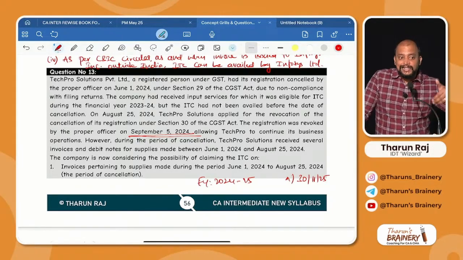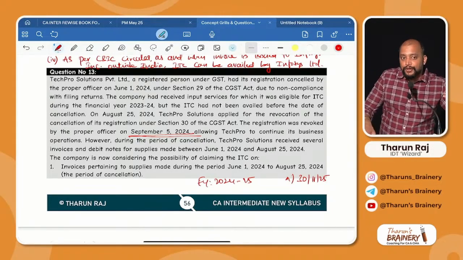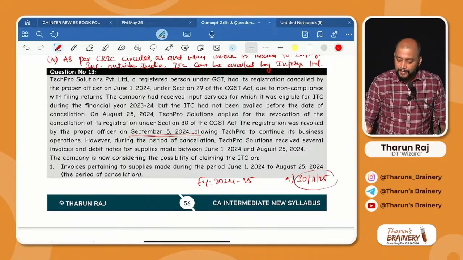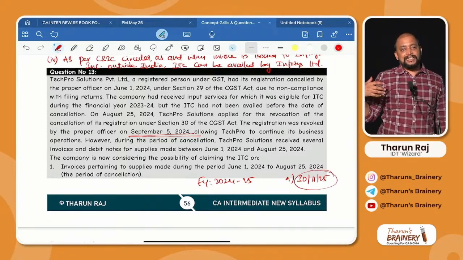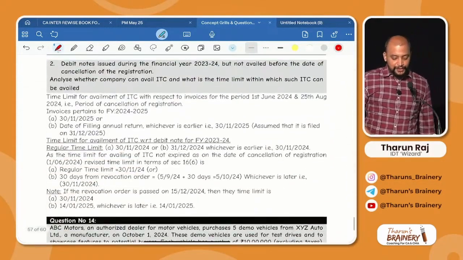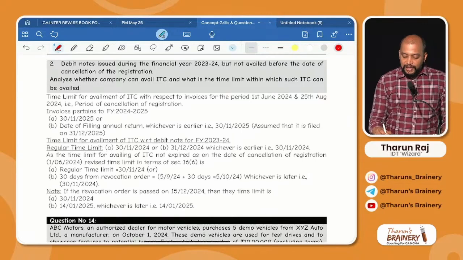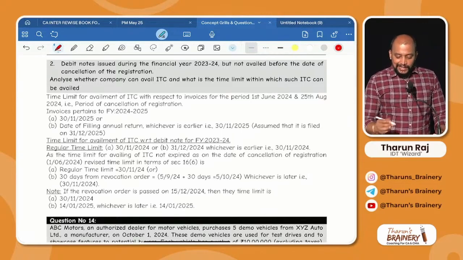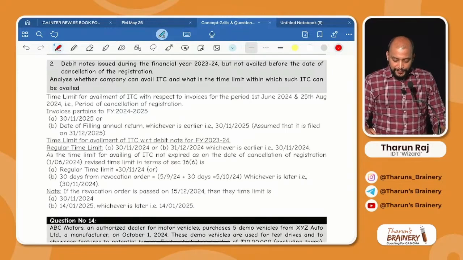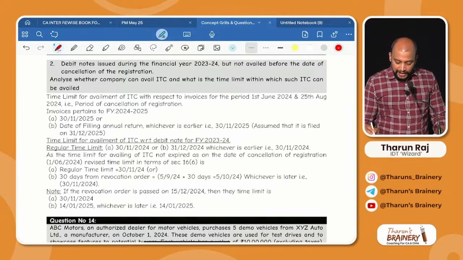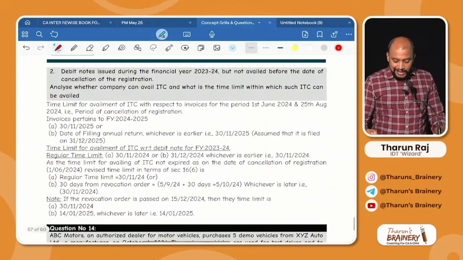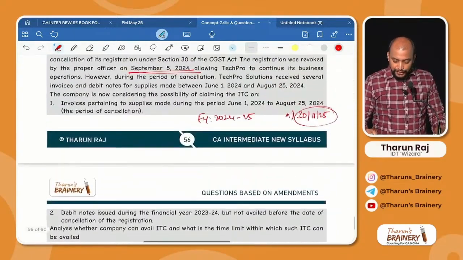September 5. 30 days is October 5, 2024. Whichever is later, the regular time limit itself is later. Is it clear? So the time limit for availment of ITC is the normal time limit in the first case. What is that regular time limit? 30/11/2025.